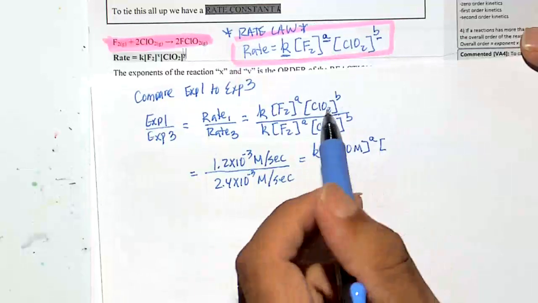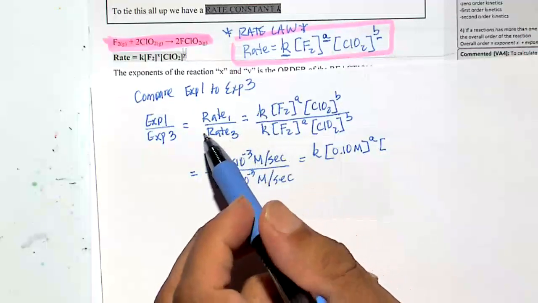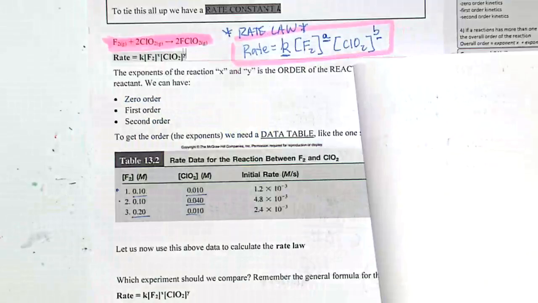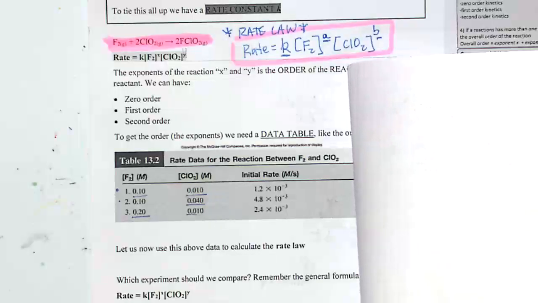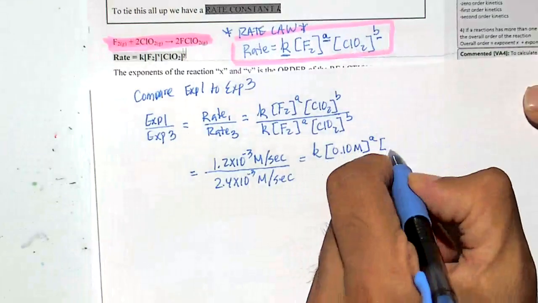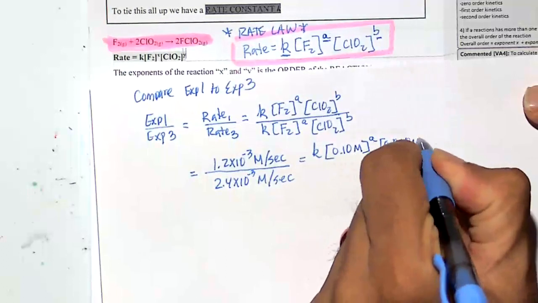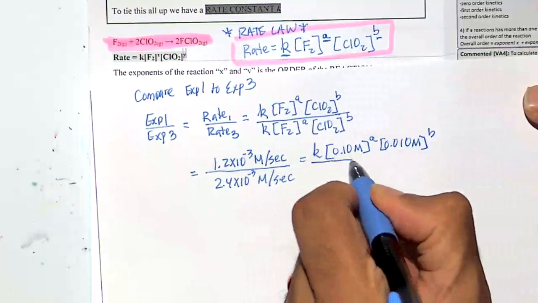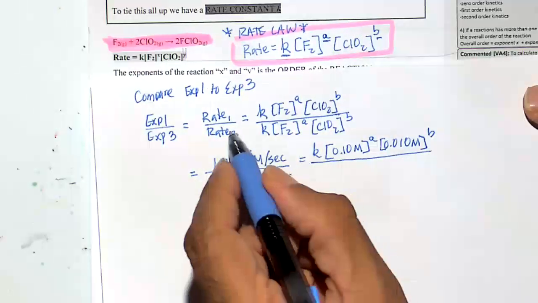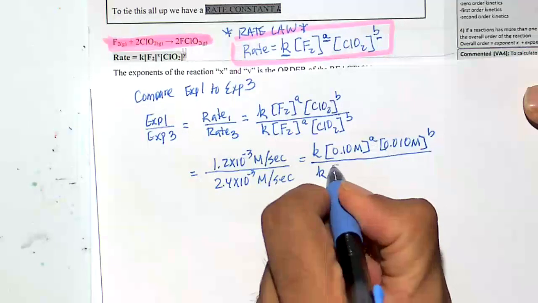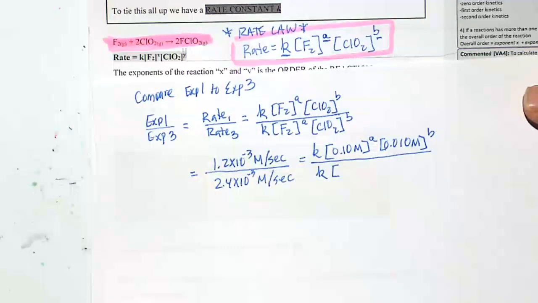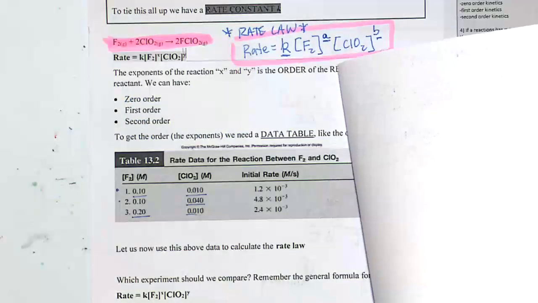Okay, A, we've got to find that out. What about ClO2 for experiment 1? 0.010, raised to the power of B. And then divided by rate 3. So K we've got to find later. What is F2 for experiment 3?